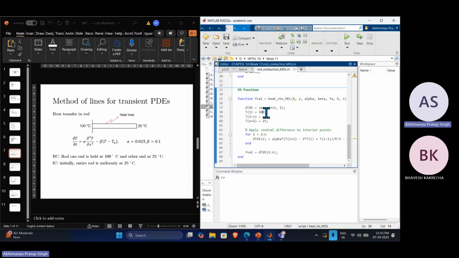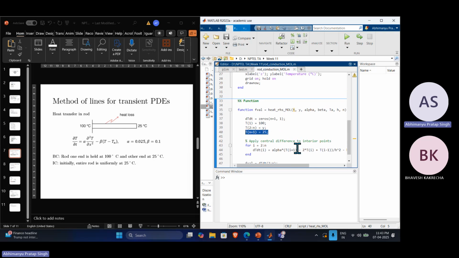Actually, if these values were not used inside the function, you wouldn't even need to define them there. But since we are using the central difference scheme, for the second node and for the nth node we need the first and the (n+1)th node. That is why we are defining these values inside the function. Okay, sir. Thank you.